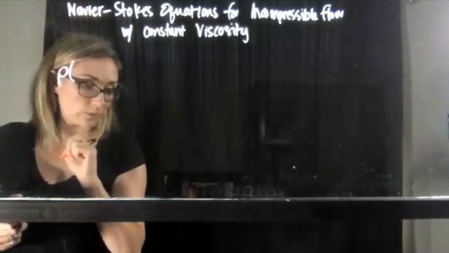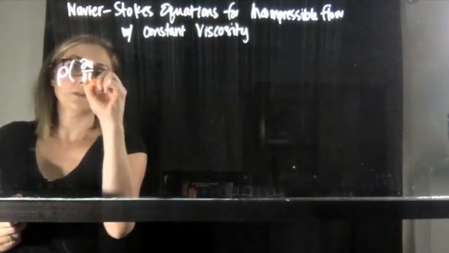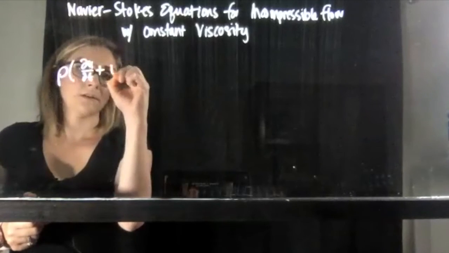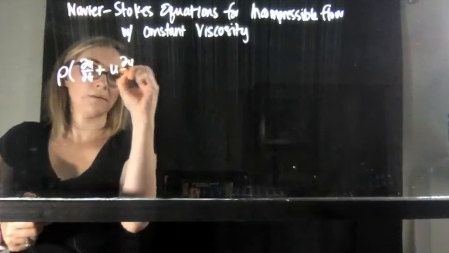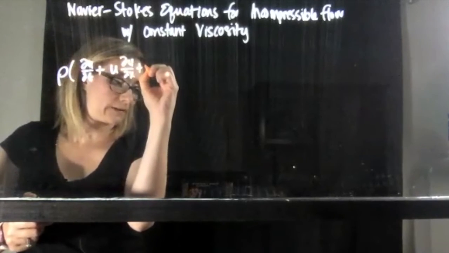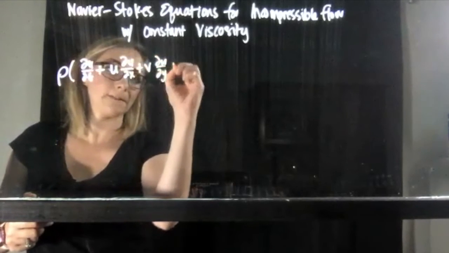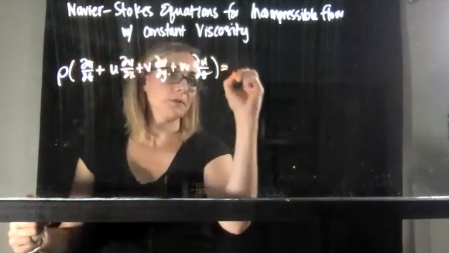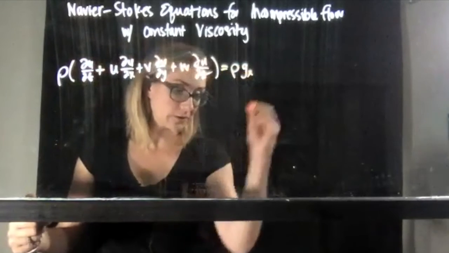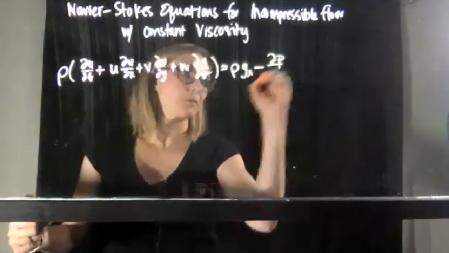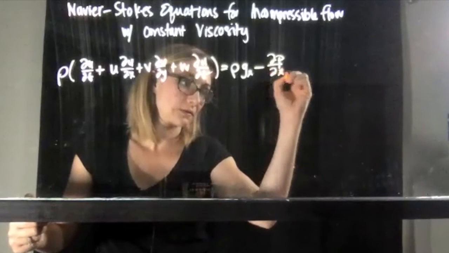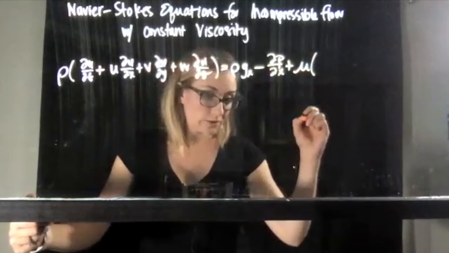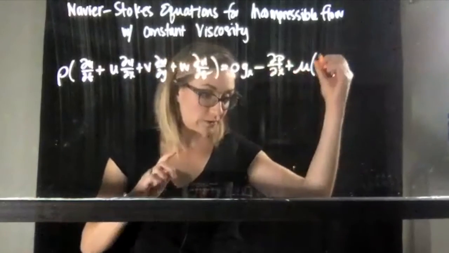In the x direction, we have the density times our material derivative, which I'm going to write out completely here. And that is equal to our body force in the x direction. We've got our pressure contribution to the surface forces and then our viscous forces. So our surface stresses due to viscosity.